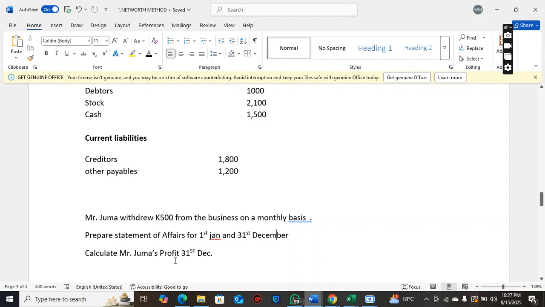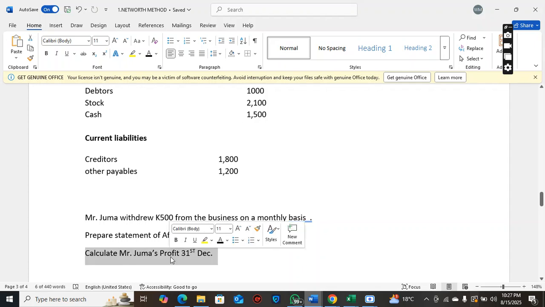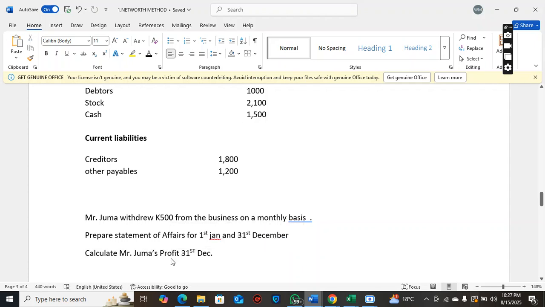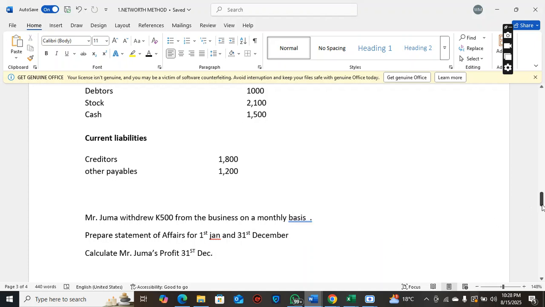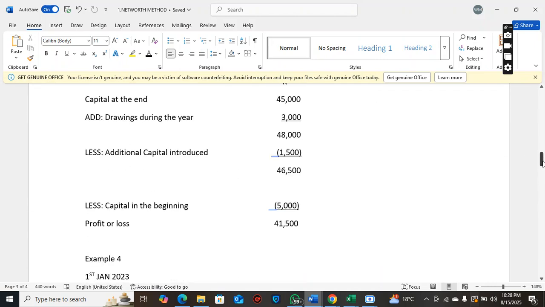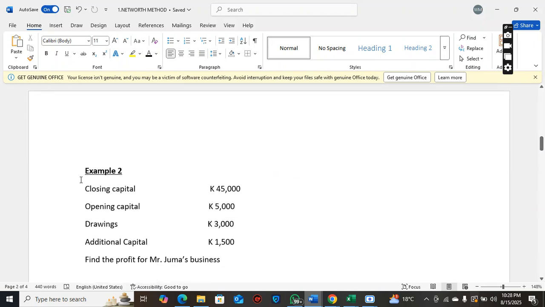And after that, you need to calculate Mr. Juma's profit. So here what's happening, colleagues, is this statement of affairs for 1st January is going to help us get the opening capital. The statement of affairs of 31st December is going to help us get the closing capital. Once we've got the opening capital and the closing capital, then we can go back to this format which we're using to calculate here.